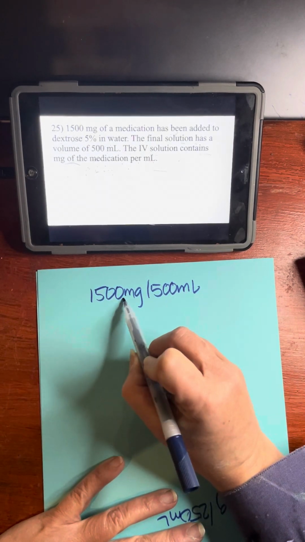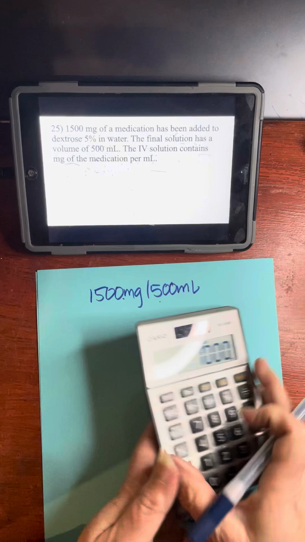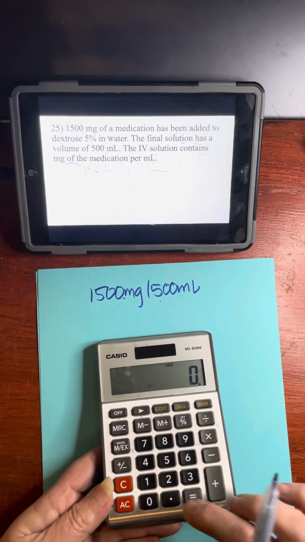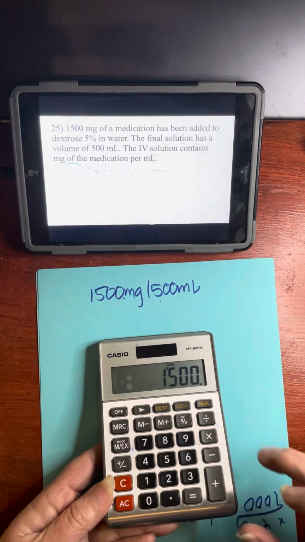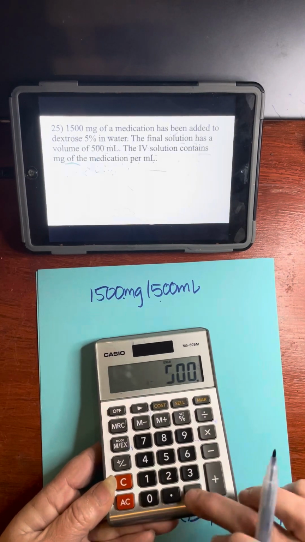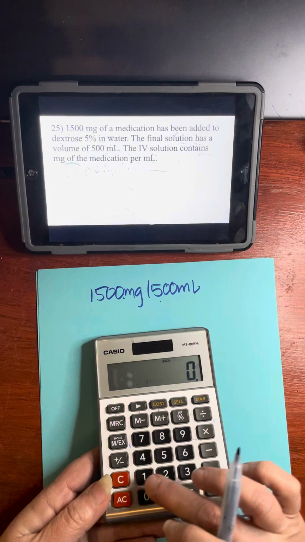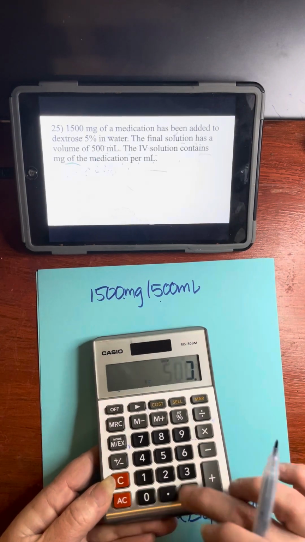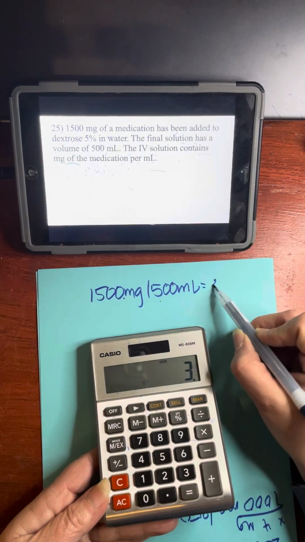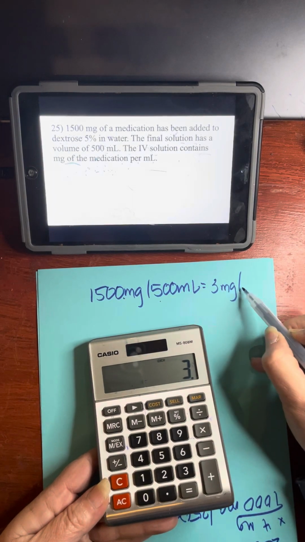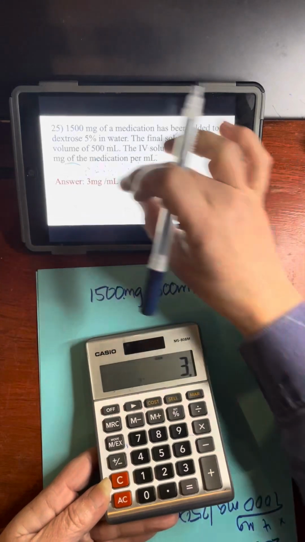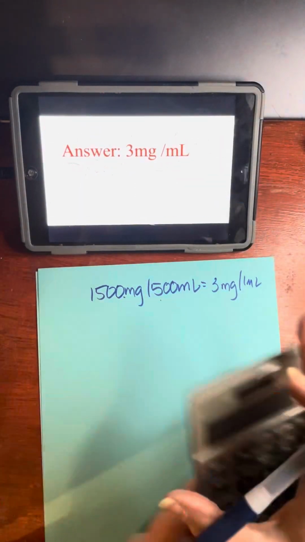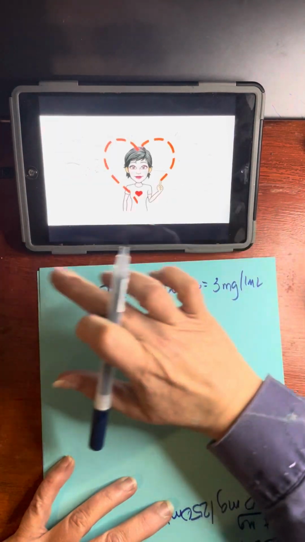And you're going to key in 1,500 and divide it by 500. 1,500 divided by 500 equals. You see what I did? It has 3 milligrams for every 1 mL. Sure enough does.